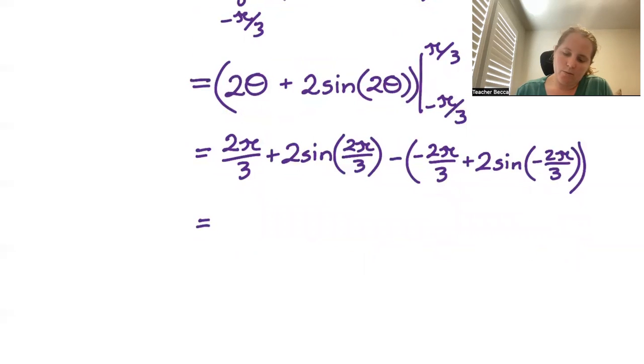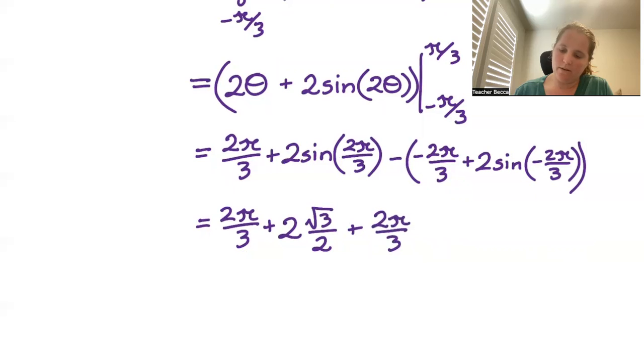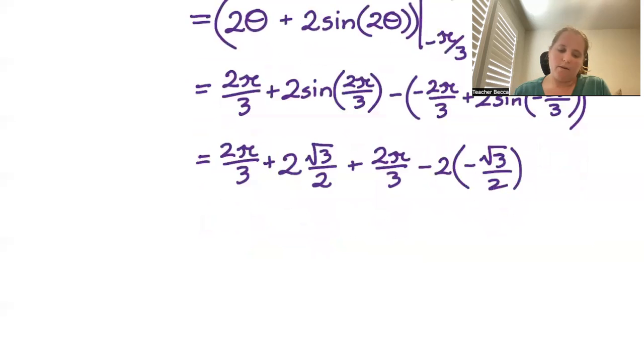So this becomes 2 pi over 3 plus 2 times sine of 2 pi over 3, which is root 3 over 2. So we have 2 times root 3 over 2, then we have plus 2 pi over 3. Then we are subtracting off 2 times sine of negative 2 pi over 3, which is a negative root 3 over 2. So this becomes 4 pi over 3. Then we have plus root 3 plus 2 root 3.